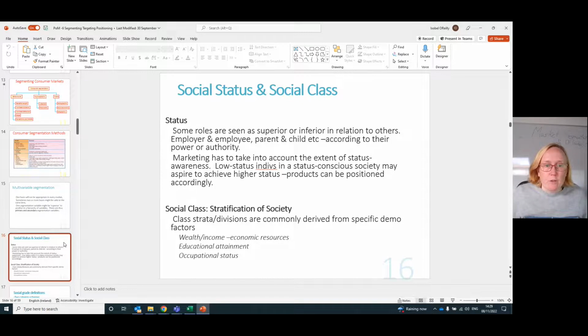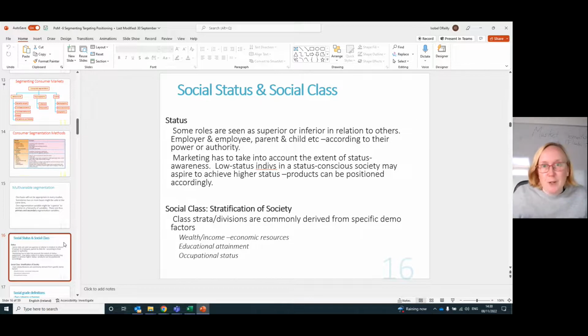So as we discussed in the last class, some roles are seen as superior or inferior. There's a power difference. So parent and child, employer, employee, and so on. Lecturer, student is another one, similar to the employer-employee dynamic.